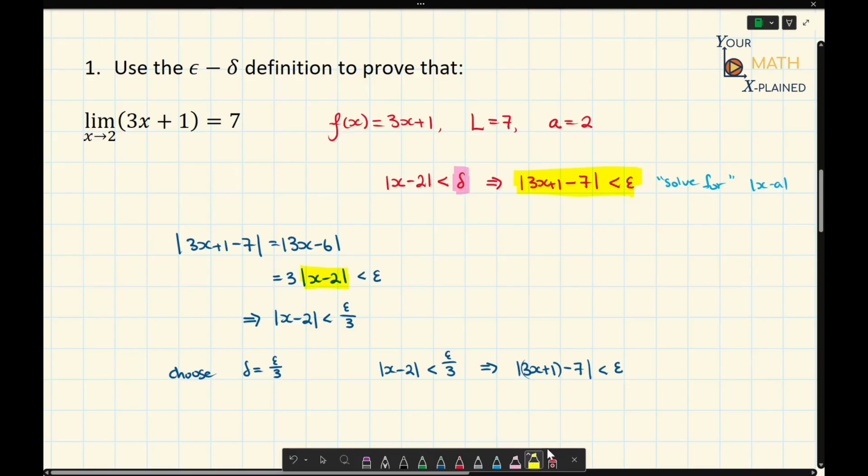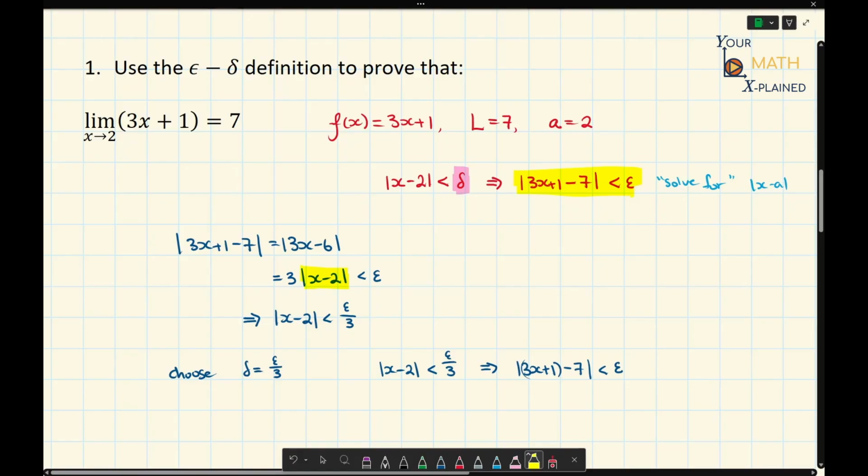So in other words, it doesn't matter which epsilon value you choose. If I set my delta value to be epsilon divided by 3, then this statement is going to be true. So for example, if we pick epsilon to be 0.1, then delta is going to be 0.1 divided by 3.